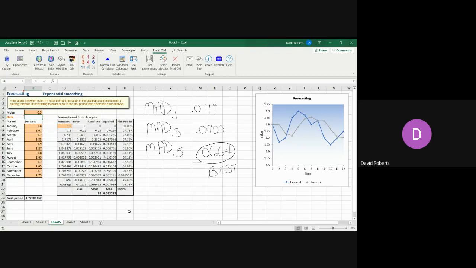So I was focusing on the MAD. So just to go back, the forecast in this particular case, and I'll write it on the screen. So just bear with me.